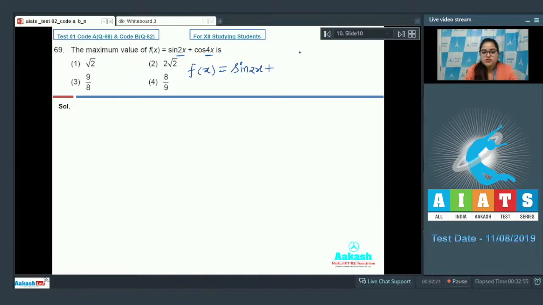You can write cos 4x in terms of sin as 1 minus 2 sin square 2x. So f of x is equal to minus 2 sin square 2x plus sin 2x plus 1.